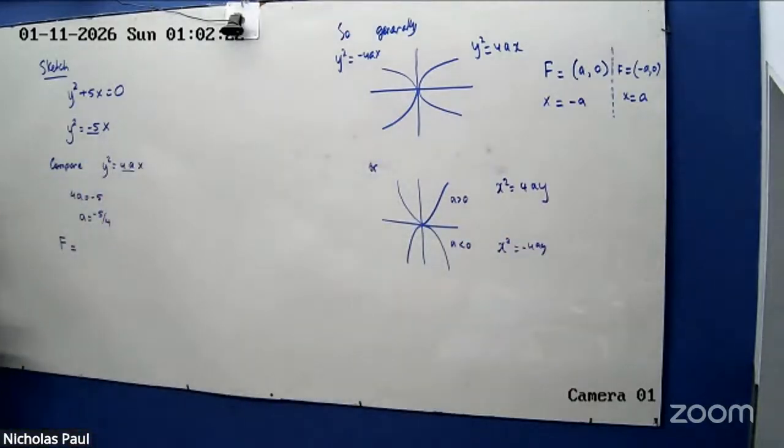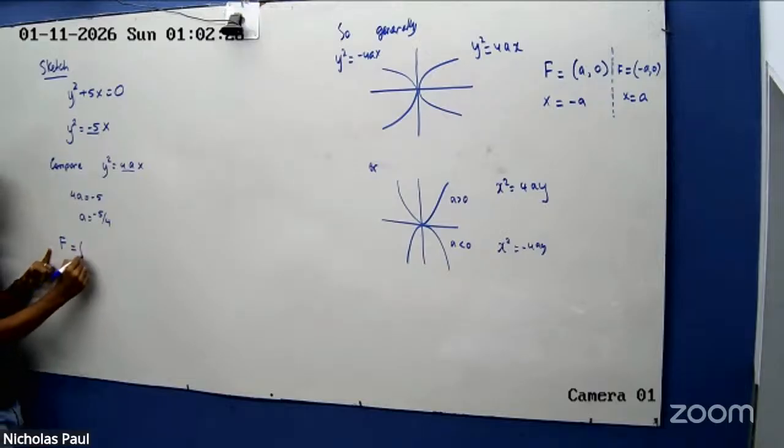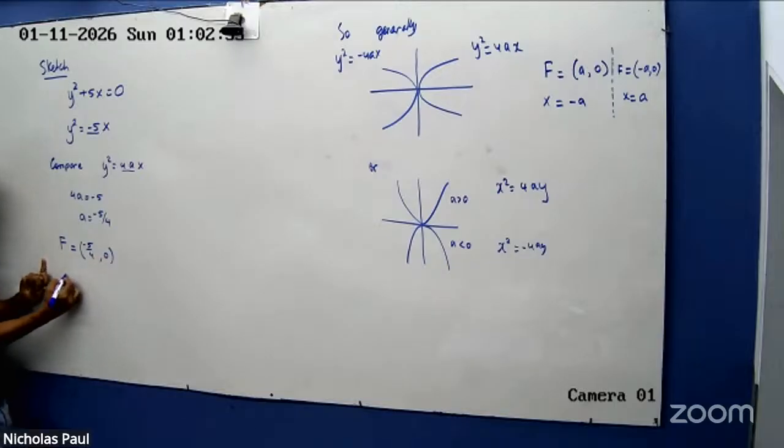What would it be? F is how much? It will be negative 5 on 4, 0. And what would the directrix be? X is equal to 5 on 4.